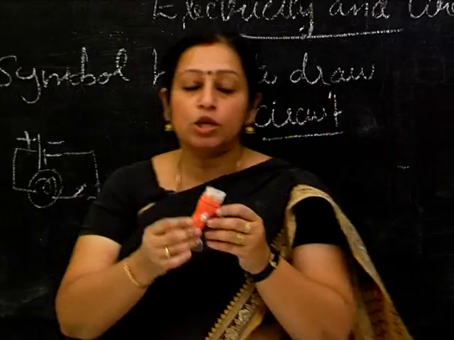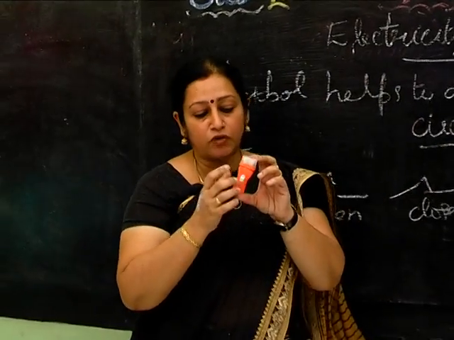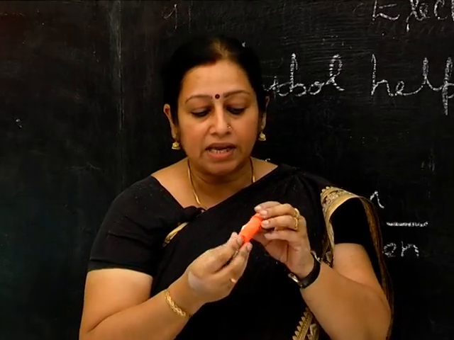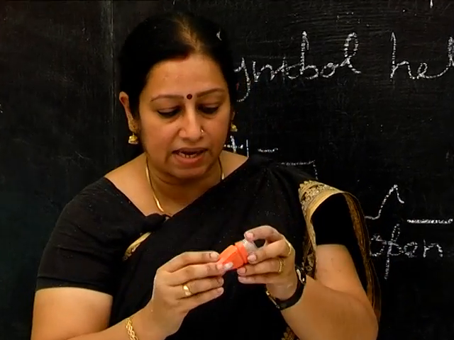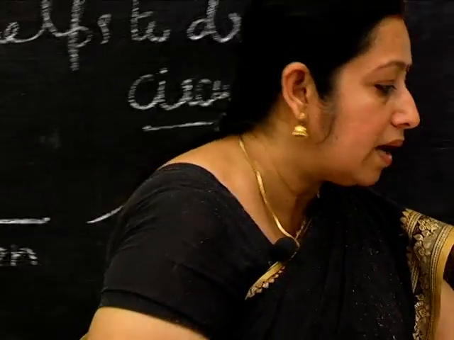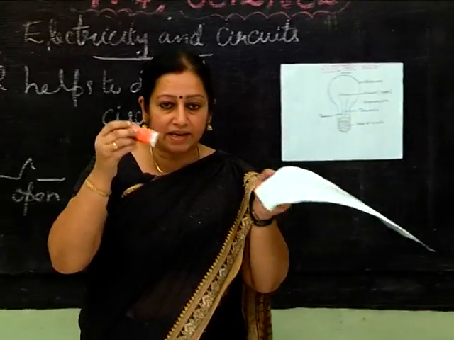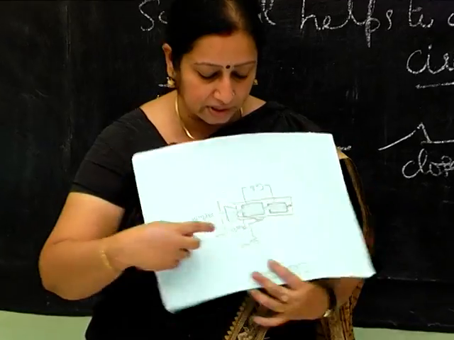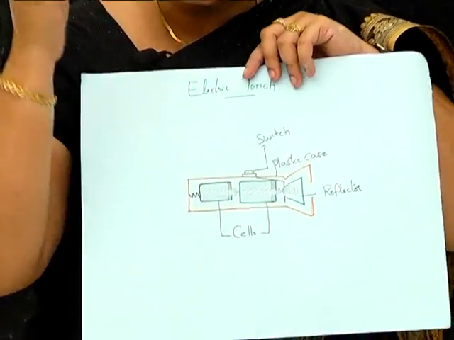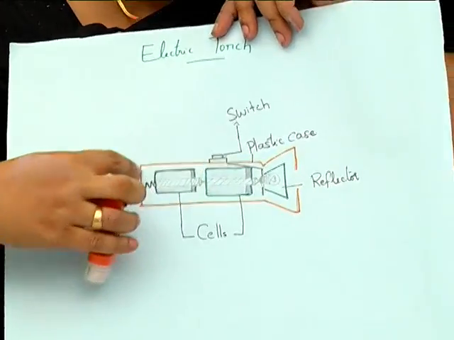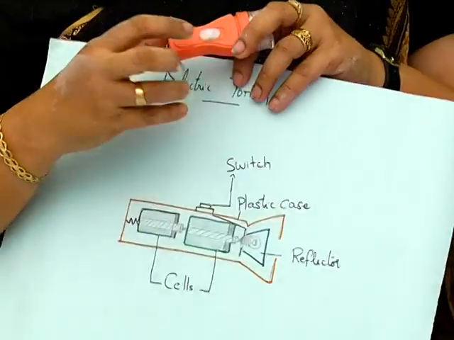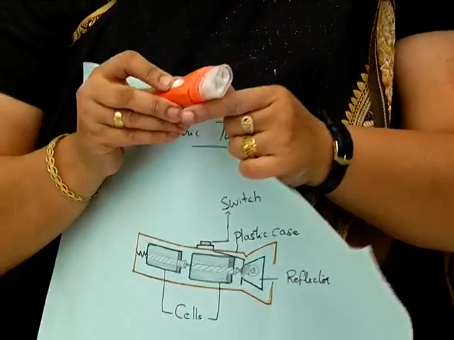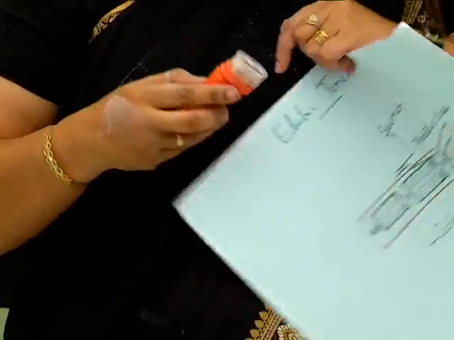This is a torch, a device which works on electricity. Inside this we have cells or a battery, and this is what happens inside the circuit. Here is the circuit diagram of what is inside a torch. It contains a battery, that is two cells, and a switch. This is the switch which helps to turn it on and off.